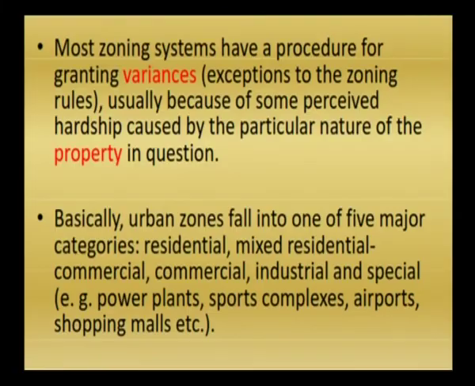All of these are granted after variances, because of lack of space, certain permissions are granted for those commercial activities to continue, because if those commercial activities are removed, the area will become redundant and the commercial value and the land value will completely plummet.